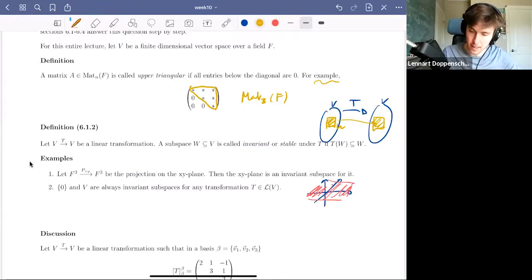And if you project every vector down, so you just forget the z component, so x, y, z goes onto x, y, and 0, then it is clear that if a vector to begin with has 0 z component, it will still have 0 z component in its image. And this means that every vector in the plane will remain in the plane. And so the plane will be mapped to the plane. And therefore, this is an invariant subspace in F^3.